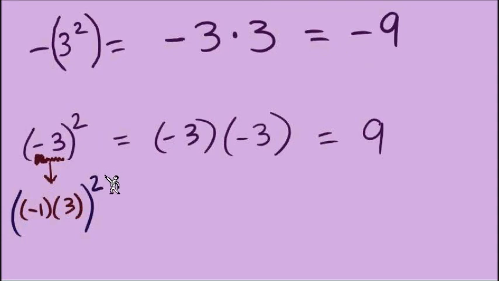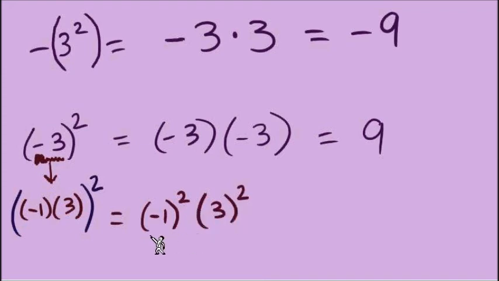And then if I use my rule where I work in this exponent, I'll see that I do have the negative 1 twice and the 3 twice. This is helpful because when we look at a negative 1 with some exponent, our only possible answers are positive 1 or negative 1.